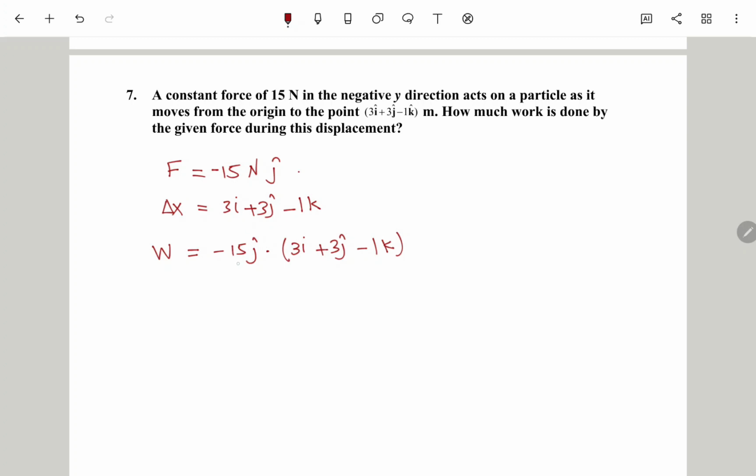In the force there is no i, no k, so you just multiply this one with this one, and that's it. So the work is minus 45 j hat with j hat, which is just 1, so the work equals minus 45 joules.